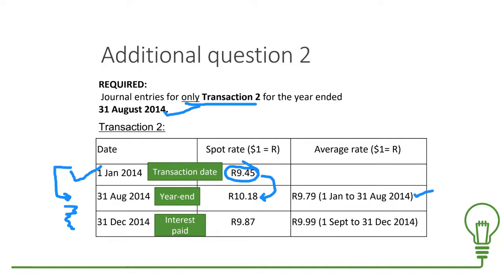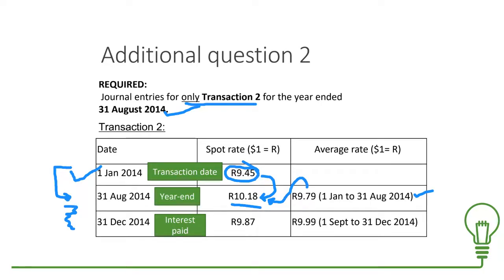The accrued interest has been created because we are paying this interest in arrears only. The accrued interest, the creditor that we've created, is a monetary item, and that item needs to be measured at spot rate. So we need to firstly journalize the interest, and then we need to move that interest to the spot rate.